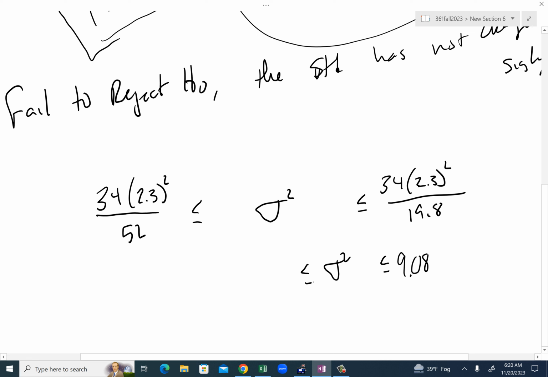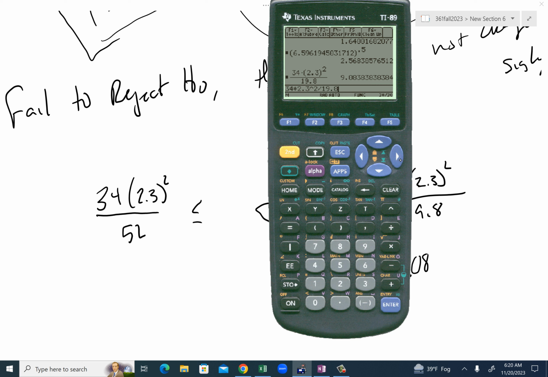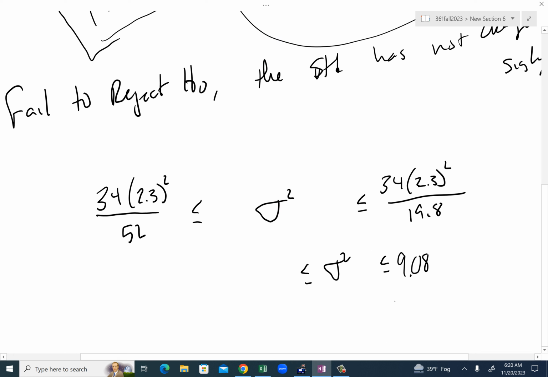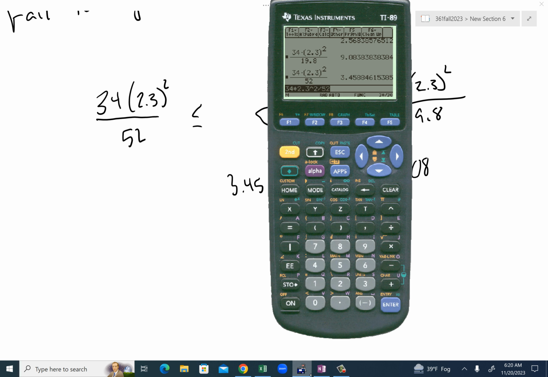On the bottom end, I got 3.45. Yay! But listen, Jay, I want a confidence interval for the standard deviation. Oh, okay.